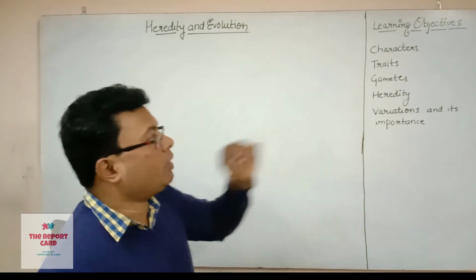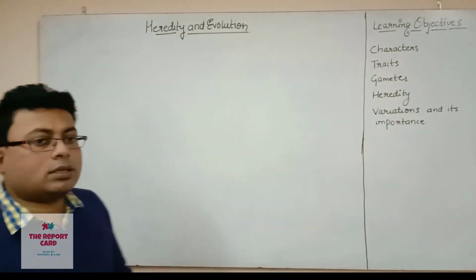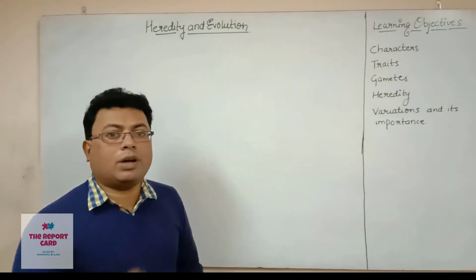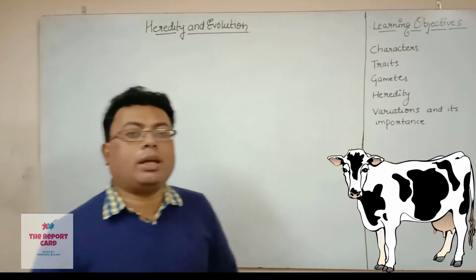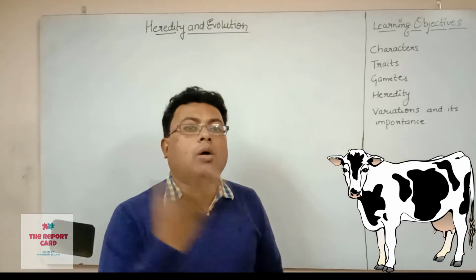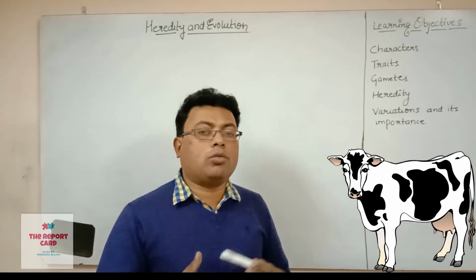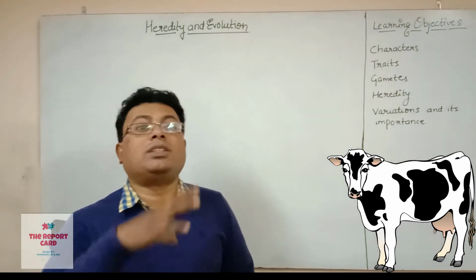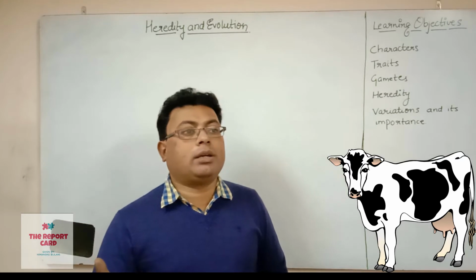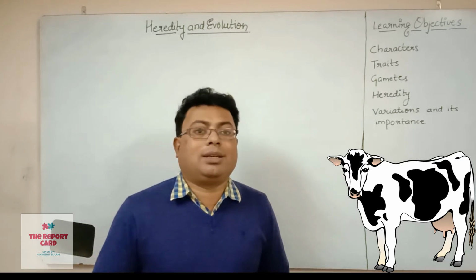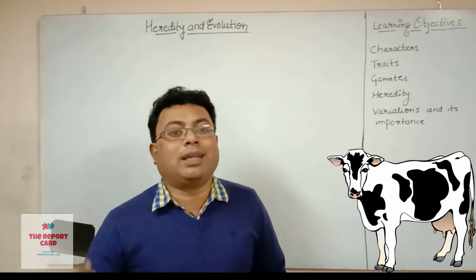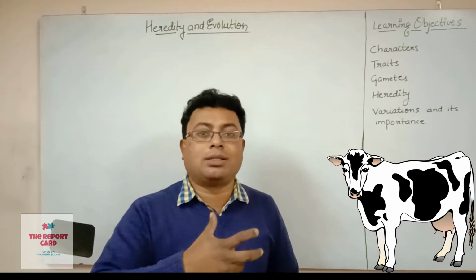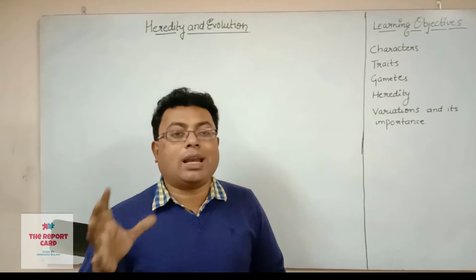Okay, fine. So let us come to the term characters. Now suppose I ask you to write an essay on a cow. What are you going to write? You will be writing about the features of a cow, isn't it? You will be writing about how many limbs or legs it has, about a tail that it has, about the horns or the two eyes, the color of the animal.